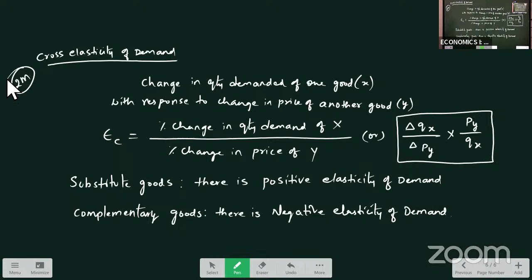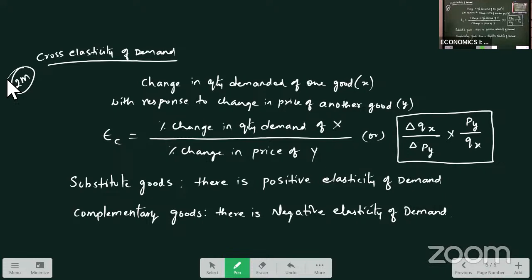What is cross elasticity of demand? Change in quantity demanded of one good with response to change in price of another good. How do we calculate elasticity here? Percentage change in quantity demanded of X by percentage change in price of Y. So you see the formula: delta Qx by delta Py into Py by Qx.